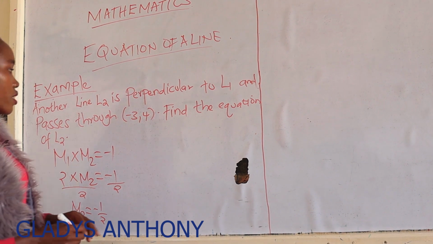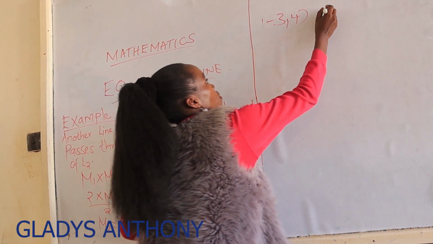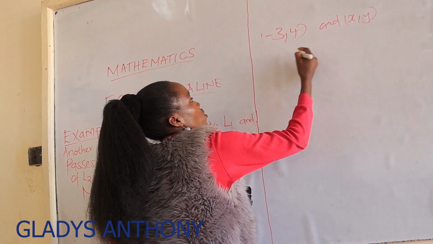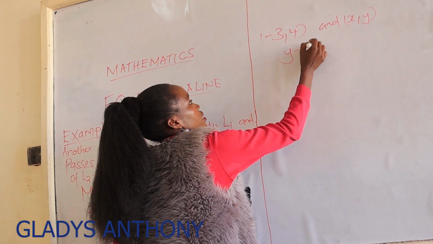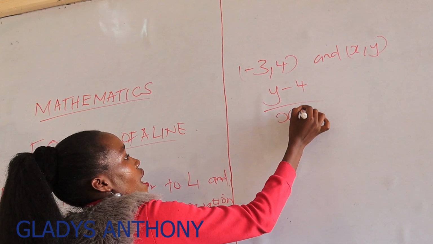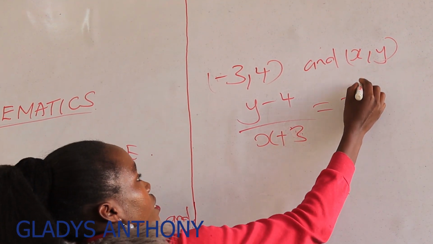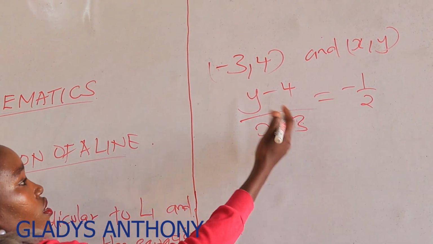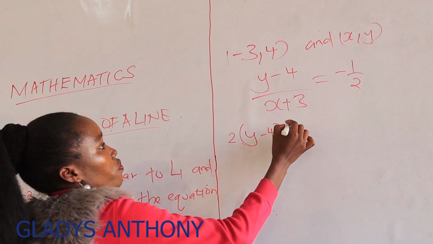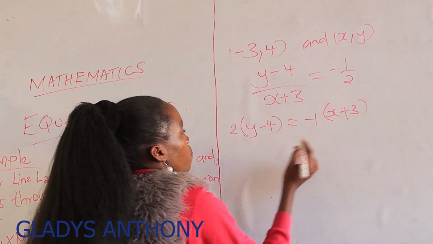So now we go to finding the equation. We have the point (3, 4) and (x, y). You take y less 4, divided by x less 3, which should give us -1/2. So we have 2(y less 4) is the same as -1(x less 3).